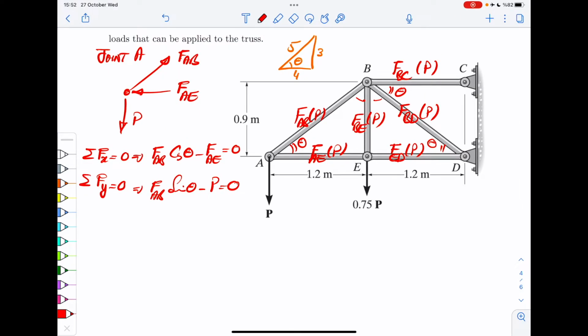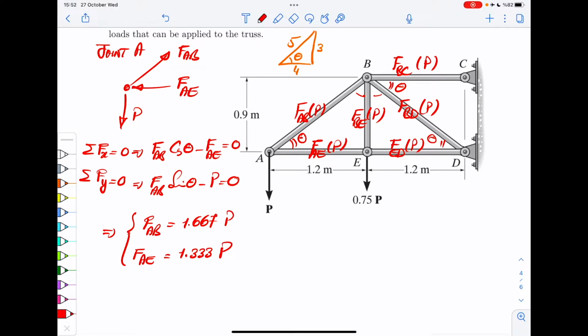From this, you can calculate FAB and FAE as a function of P. FAB would be 1.667 P, and FAE would be 1.333 P. So among the two, AB is the more crucial, the more sensitive member. Is that clear? We have done joint A.